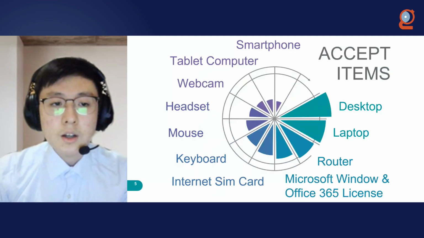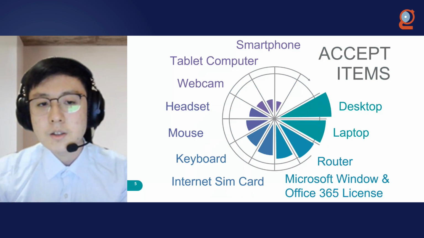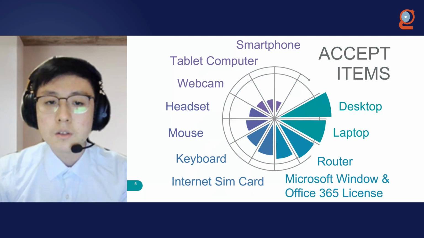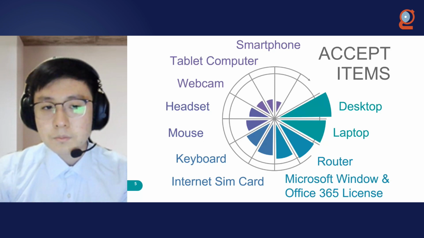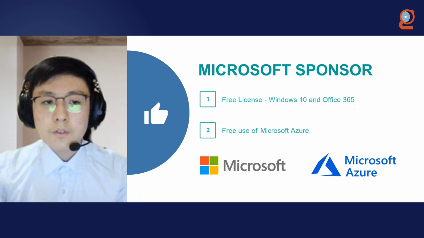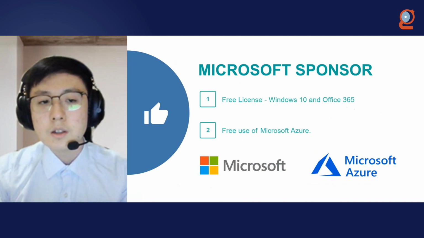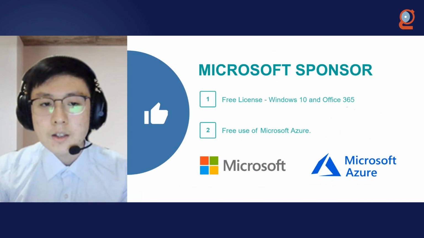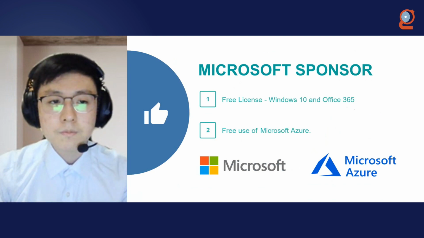We are accepting donation items, including headsets, webcams, mice, keyboards, tablet computers, smartphones, routers, laptops, and desktops. Here, we thank Microsoft, who sponsor the free license and the use of Microsoft Azure to us.